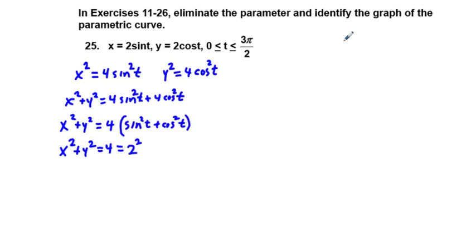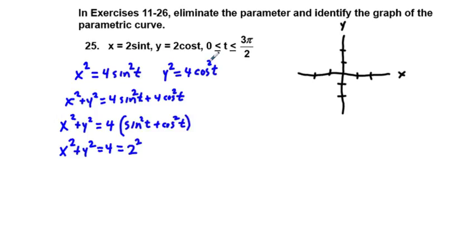Okay, now the one thing we don't know yet is how this thing goes, because we know we have a circle, but we have a parameter limitation from 0 to 3 pi over 2.